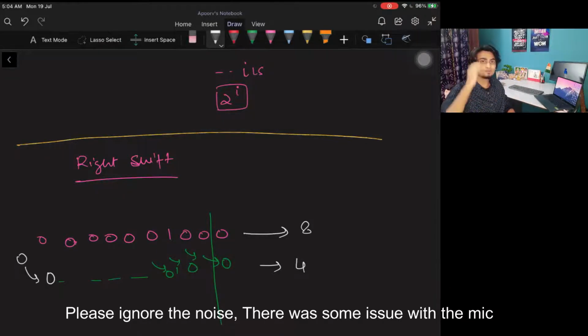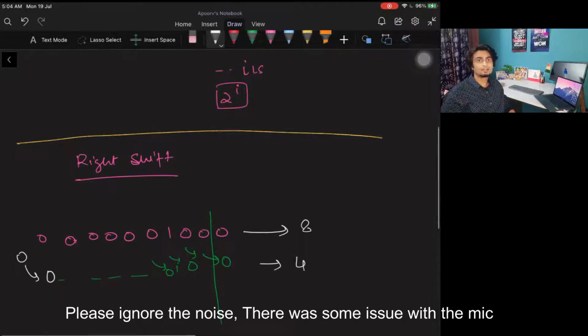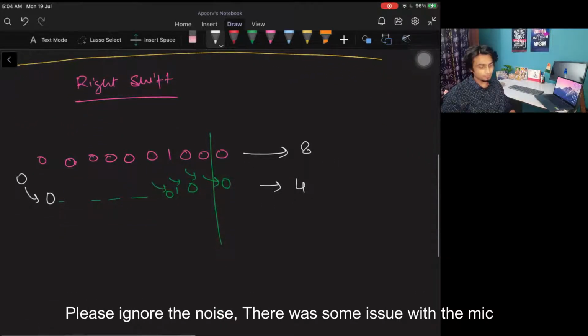If you see any pattern, see, in the left shift the number was getting multiplied by 2 each time we were doing left shift. In the right shift the number is getting divided by 2 each time we are doing a right shift operation.